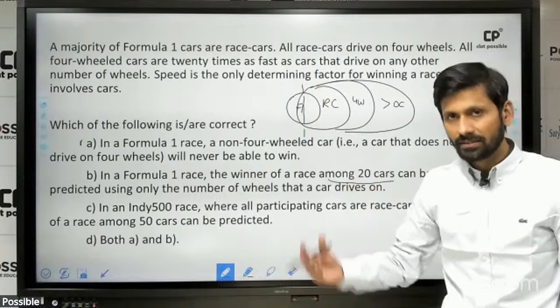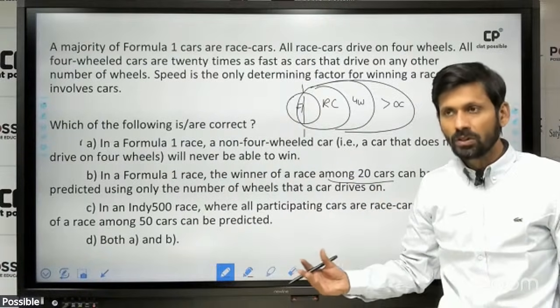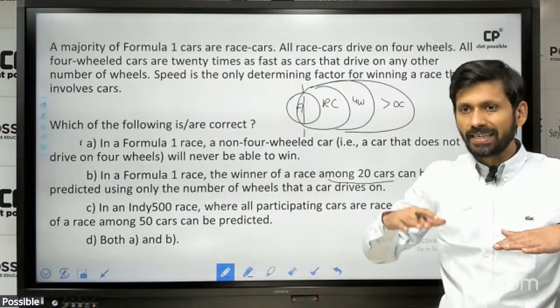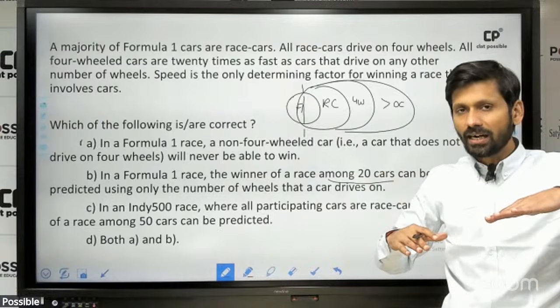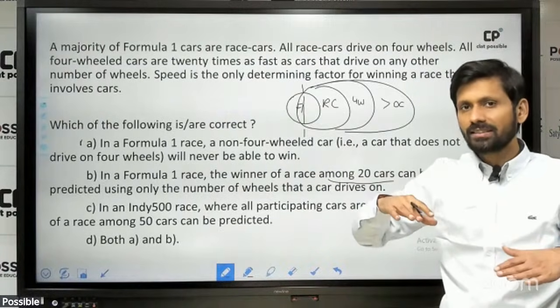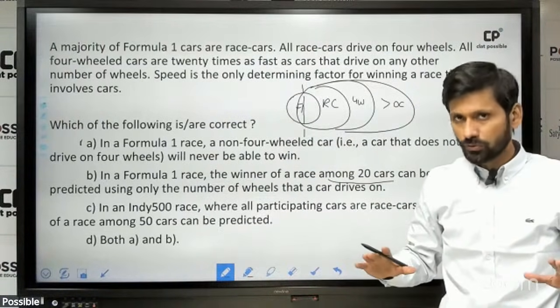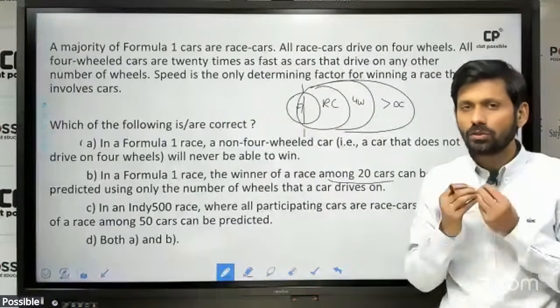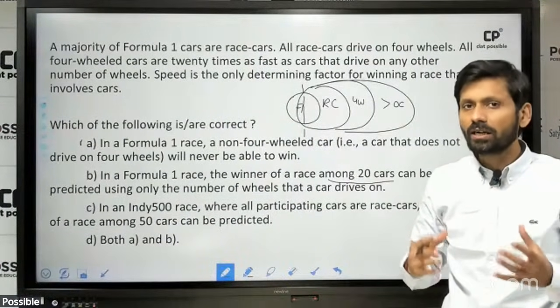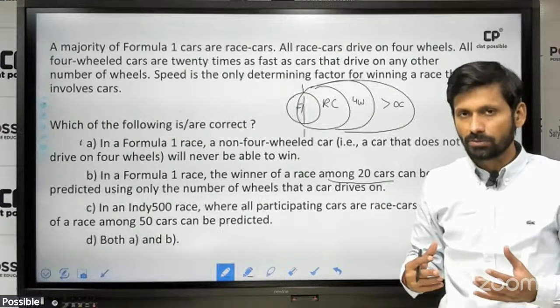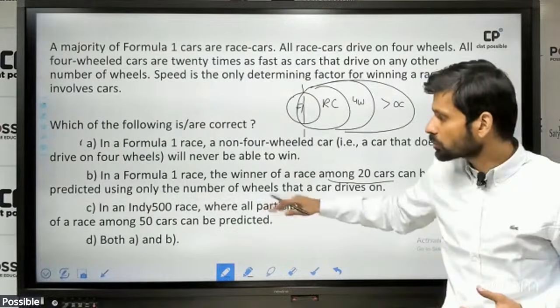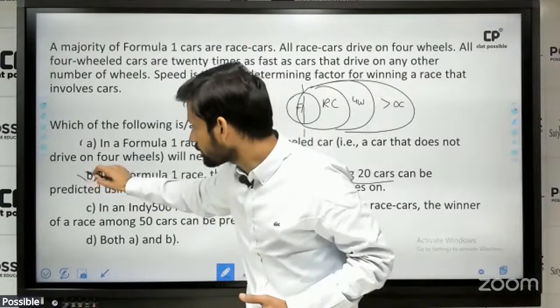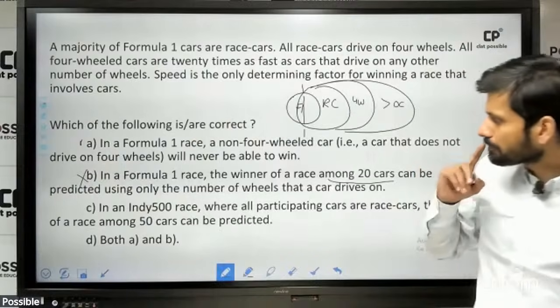So what you can predict is the 4-wheeled cars will do better than the 6-wheeled cars. That's for sure. But will you be able to predict the exact winner? No, because some of the 4-wheeled cars would be competing amongst themselves, right? So this is only a possibility. So B is out. A is still better.